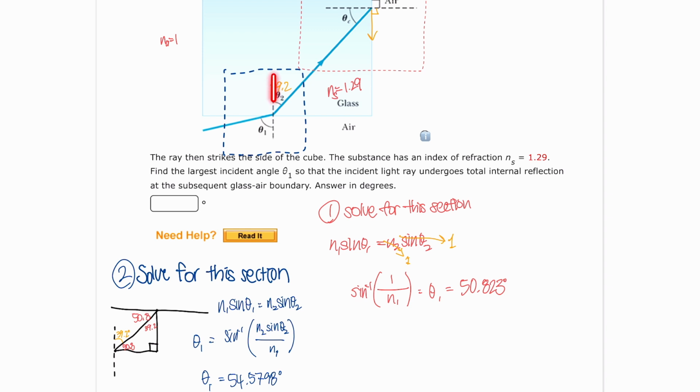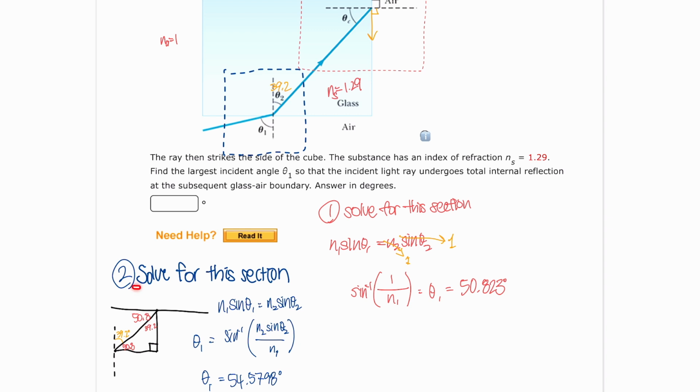Here it's also 90 degrees. Since this angle was 50.8 degrees, we can just do 90 minus 50.8 to get 39.2. And that's how we get theta 2.